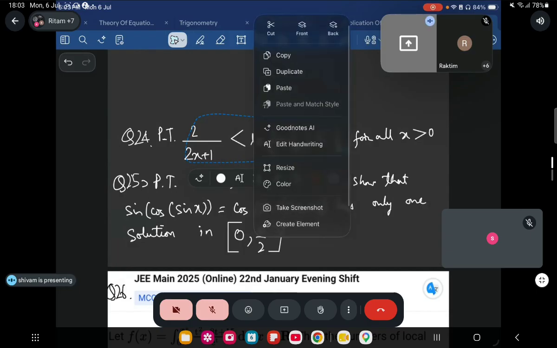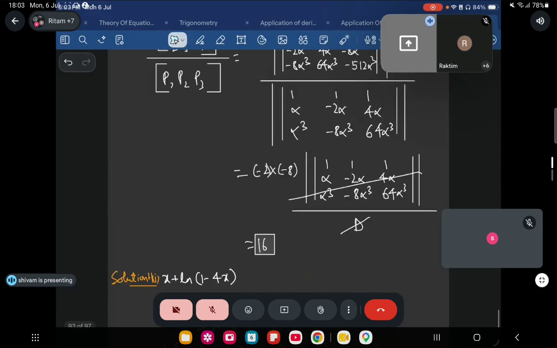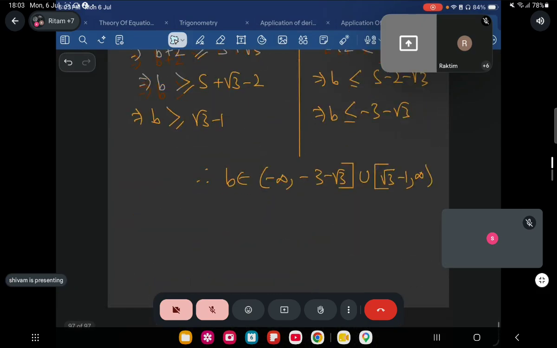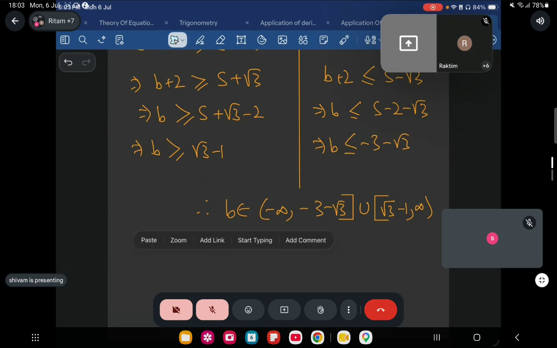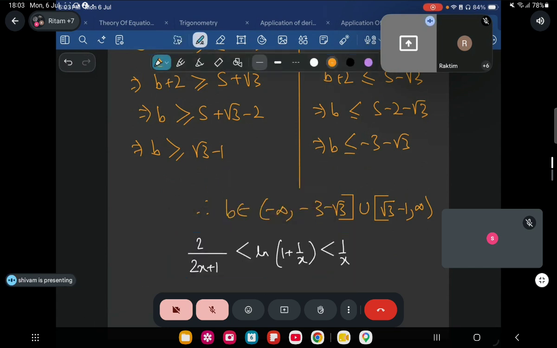So in order to prove this inequality, we have to take two functions because there are two inequalities given. So pay attention. I've got 2 by 2x plus 1 minus. Over here, there are two functions I'm going to take. One is f of x equal to ln 1 plus x, sorry, 2 by 2x plus 1 minus ln of 1 plus 1 by x.